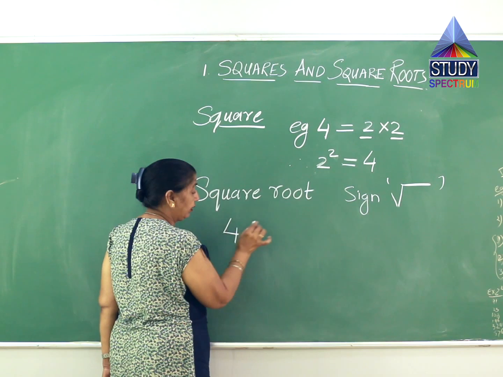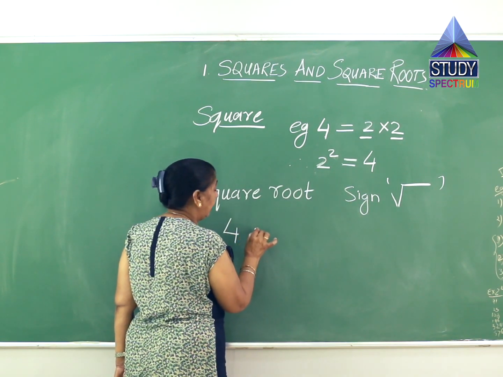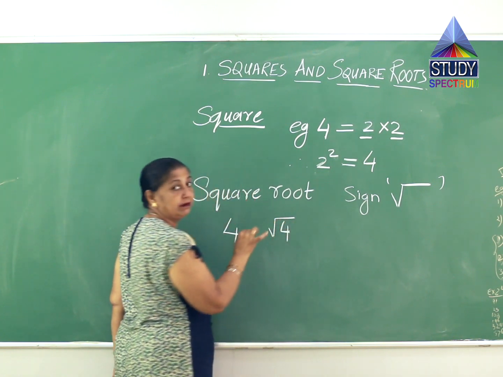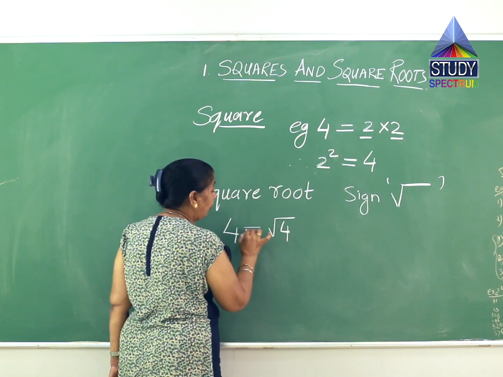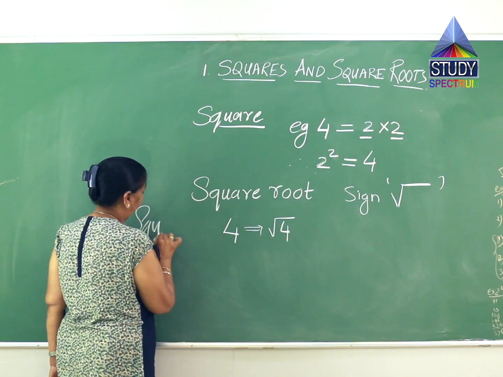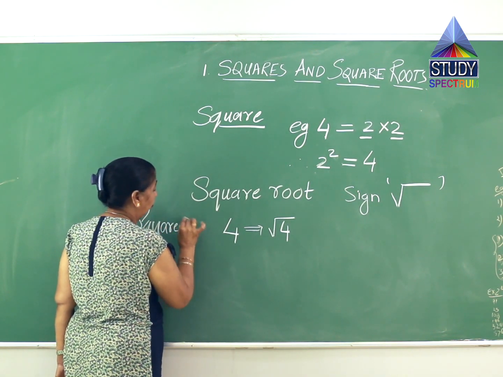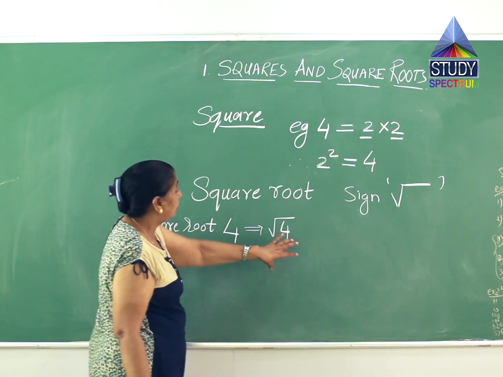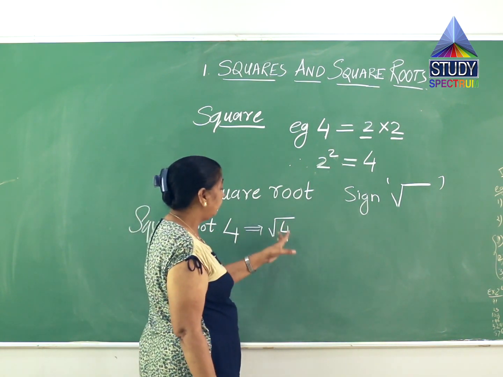If I want to find the square root of 4, I'll put 4 under this sign. So I can read it like this: square root of 4. In a symbol I can put it under this sign.